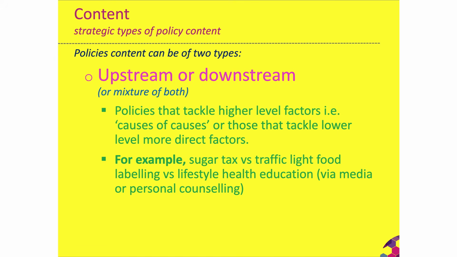So it's acting at a very high level, affecting lots of industries and lots of organizations, and will have an impact on lots and lots of people in the community. While lifestyle health education may impact on lots of people if it's done through TV, radio, or online, often it affects a smaller group of people.